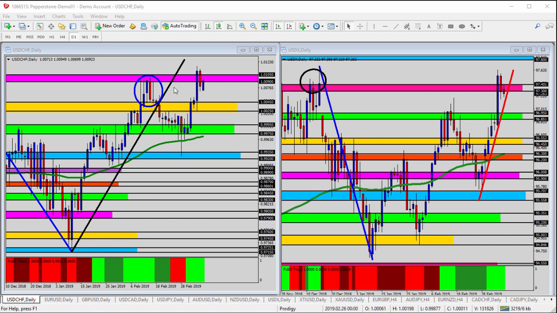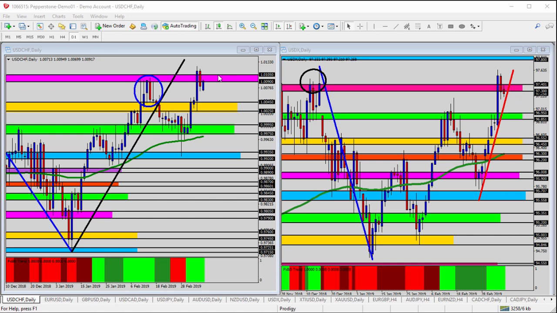Rising up, running into resistance, historical resistance, top of the blue trend line on the left. So you go over here to the dollar franc and you see a similar situation, different pink color, but you can see it challenging resistance. Top of the blue circle resistance, here we are again, resistance 1.0090, 1.0105. So when we're looking at the dollar franc as a tradable opportunity, we look at the US dollar and say, if the US dollar continues to find resistance and turns around and goes down, we would expect the dollar franc to do the same.